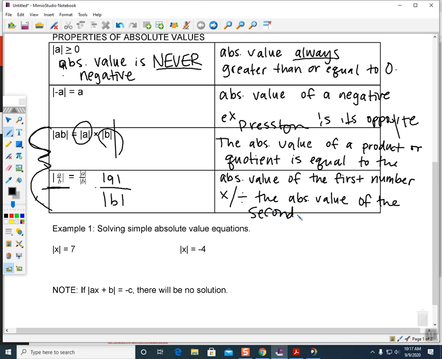Okay, it's the same for both. The absolute value of a product or quotient is equal to the absolute value of the first number times or divided by the absolute value of the second number. I can break them apart.